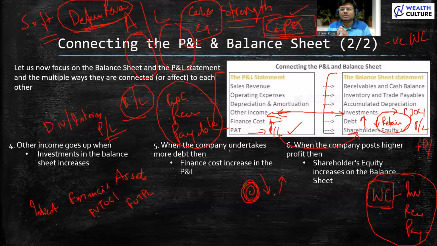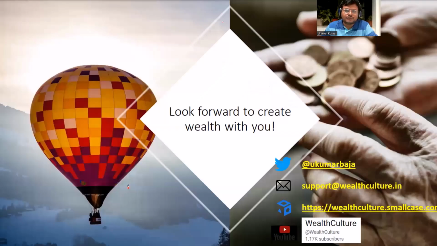So with all this information, you should now be able to very comfortably start to read your P&L and balance sheet. And I suggest that you do it for different kinds of businesses. You do it, for example, for manufacturing businesses, right? You do it for software businesses.